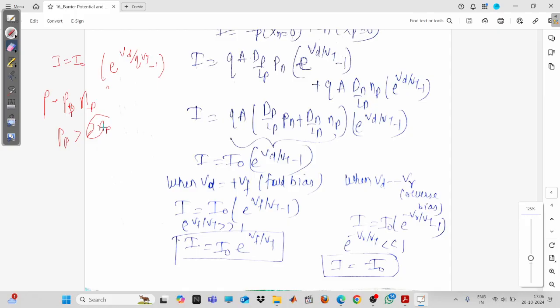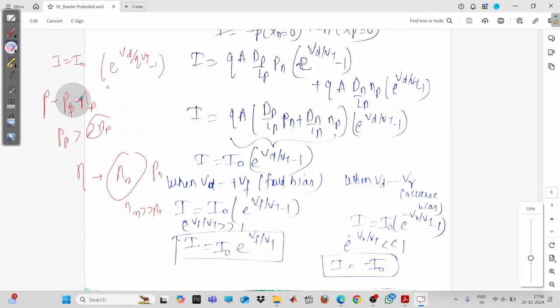Similarly, n-type semiconductor means the electrons are in majority and the holes are in minority. So the number of electrons is very high compared to the number of holes on the n side.